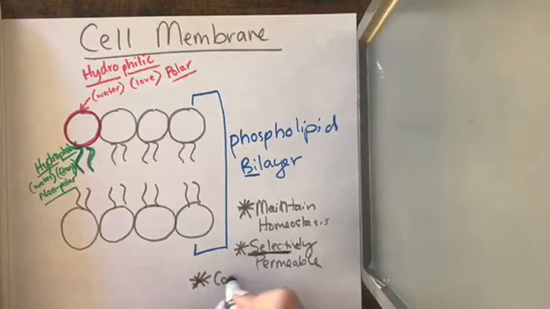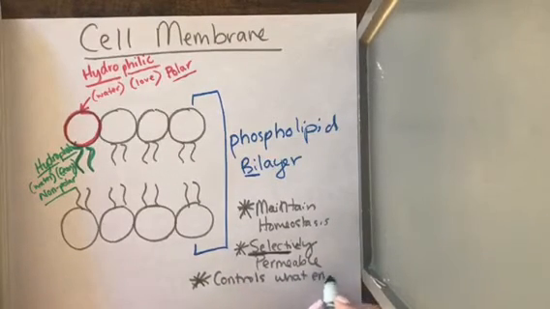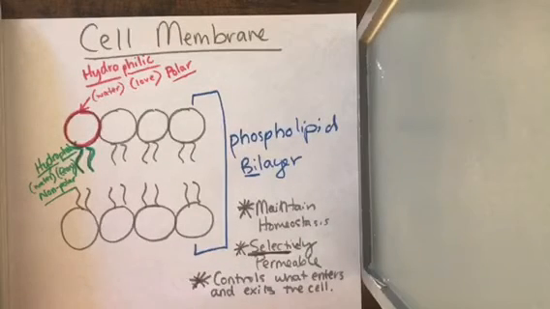So it controls what enters and exits the cell. Okay, the cell membrane is going to control what can enter and exit the cell. So, like we just said, it's selectively permeable, so that will help you remember its job. And that pretty much covers the basics of the cell membrane.